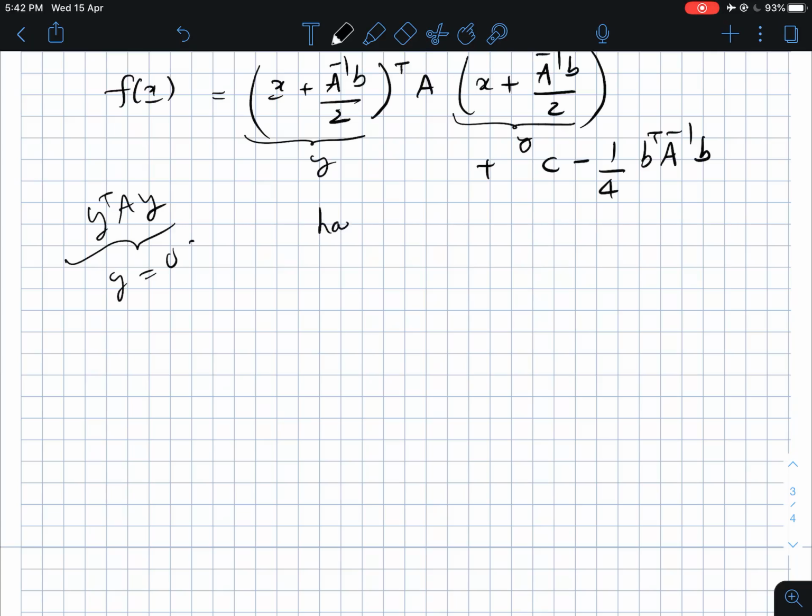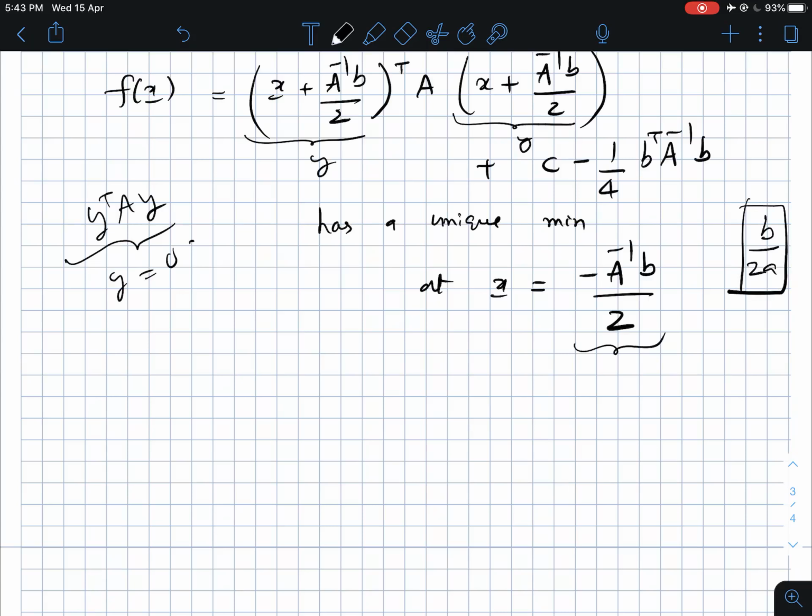So that means it has a unique minimum at x equal to minus A inverse B by 2. That's actually the minimum. I'm actually giving you the construction. This mirrors the B by 2A that you get in the single variable case.